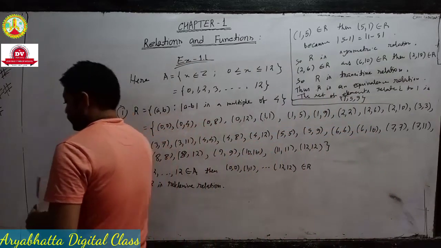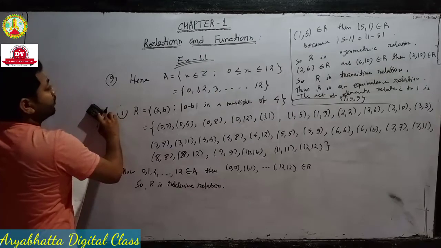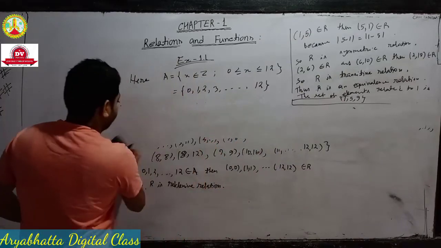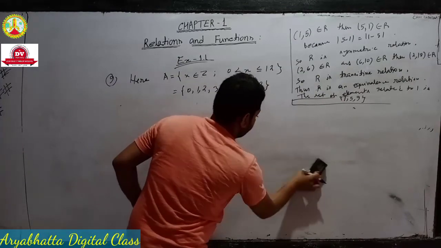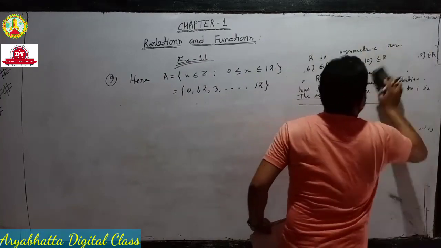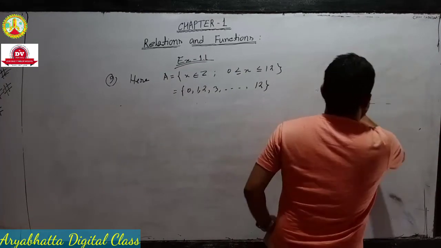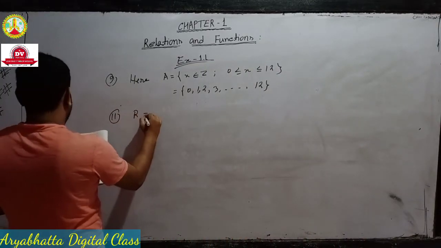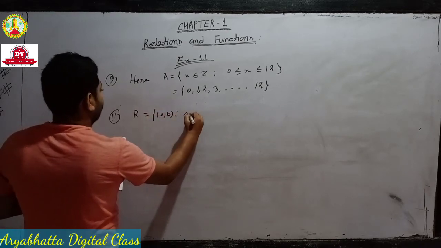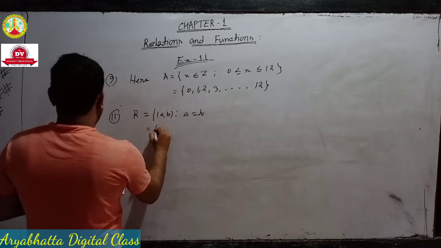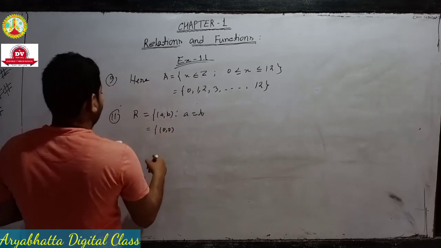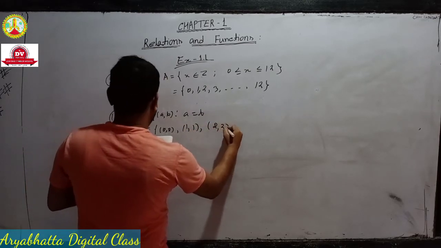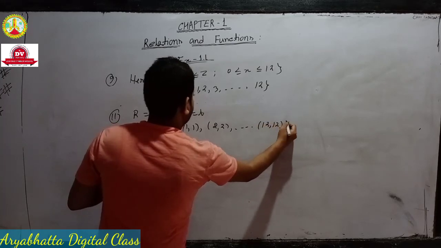Next, Roman number 2. R is equal to ordered pair A comma B such that A is equal to B. This equals (0, 0) because 0 equals 0, (1, 1) because 1 is equal to 1, (2, 2) to (12, 12).